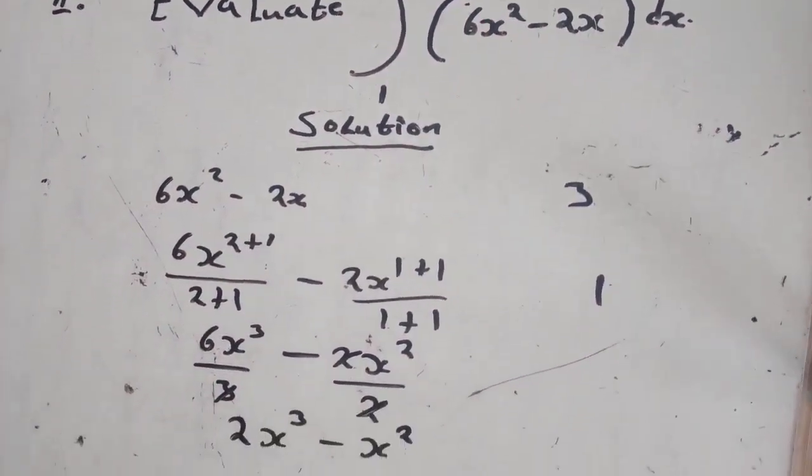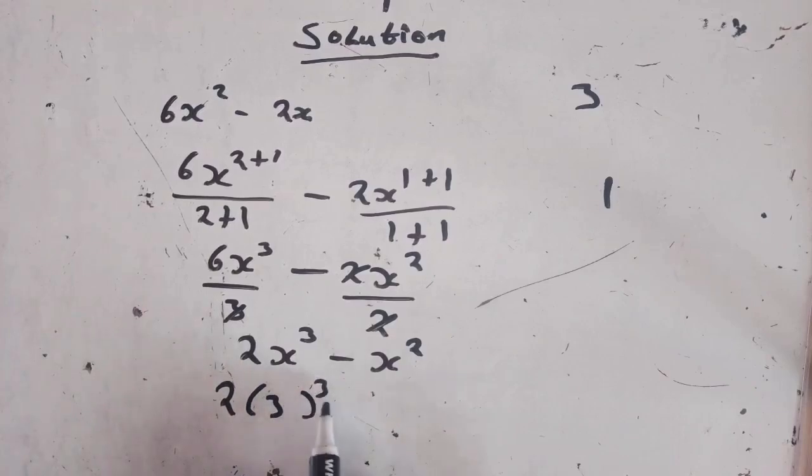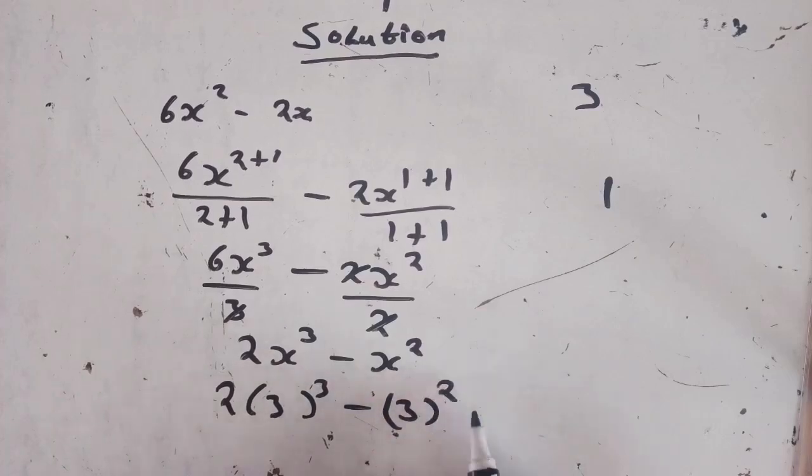So here we're going to have 2 multiplied by 3 to the power 3 minus 3 multiplied by 3 squared. So 3 cubed is 27.